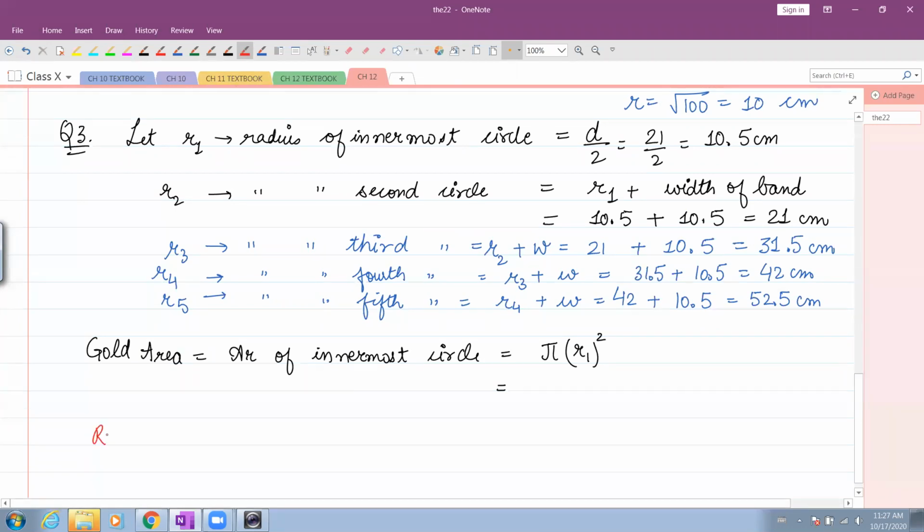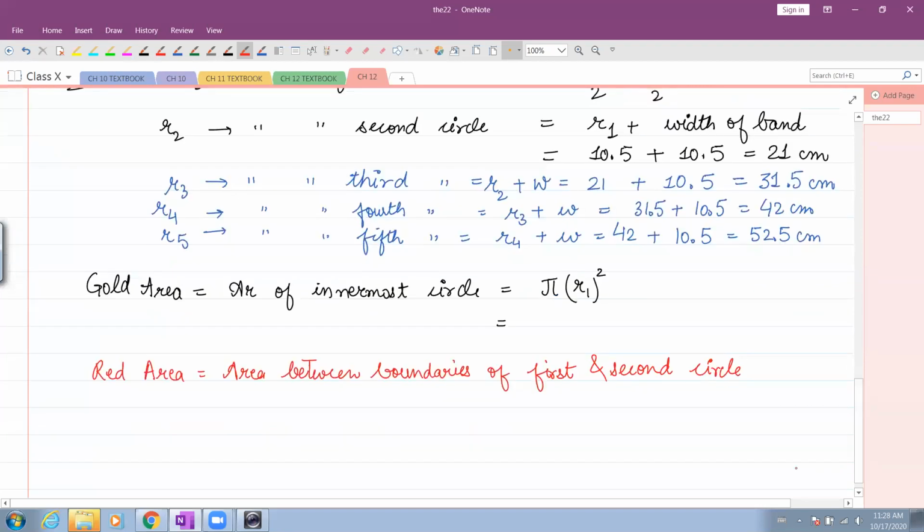After gold, we have the red area that will be given by the area between the boundaries of the first and second circle. We are using the formula for area of ring.